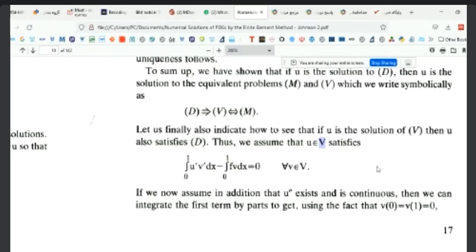The first refers to a variational problem, and this refers to the linear space of functions we have defined.